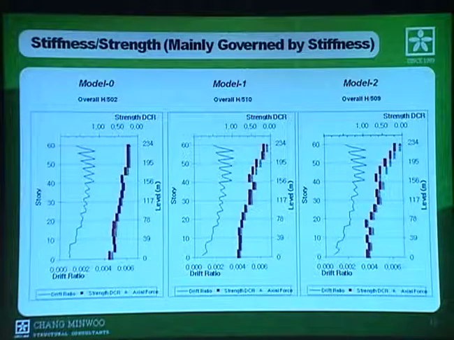And this plot shows the drift ratio and strength DCR. DCR means the demand capacity ratio distribution along the height for each model.